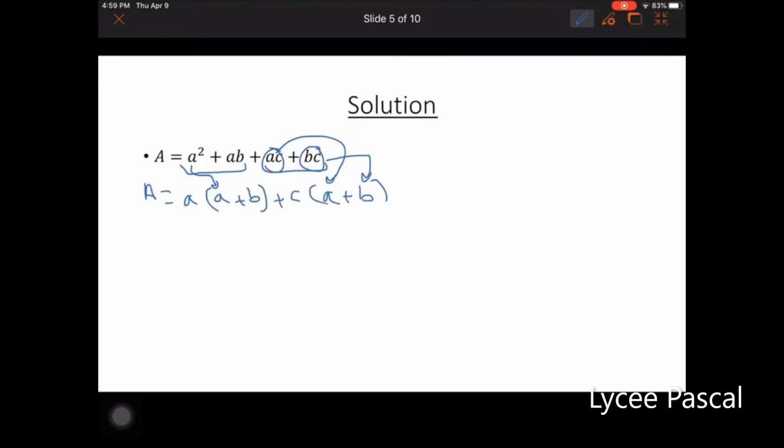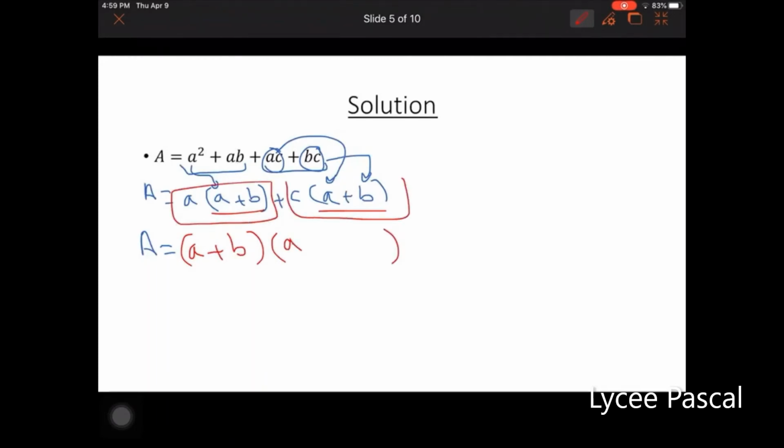So now we get a common factor a plus b between the two blocks. We take this common factor. From the first block the remainder is a, and from the second block the remainder is c, and a plus b is the common factor, and this is our factorization form of A.